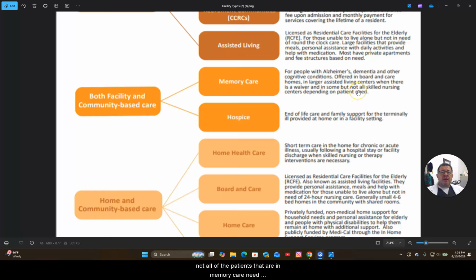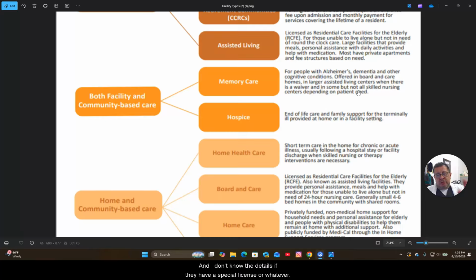Now, not all of the patients that are in memory care need medication and so on, but because it's memory care, think about that. You're walking and then you're going to forget. And so they can get lost, unfortunately. They can just walk out. And so they wanted to make sure that there's a special category.